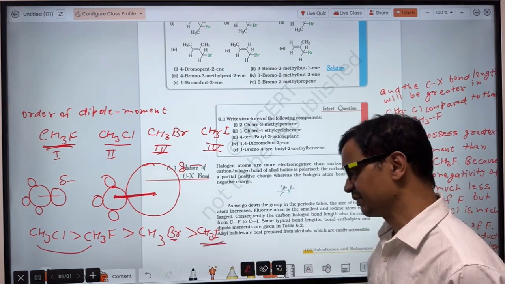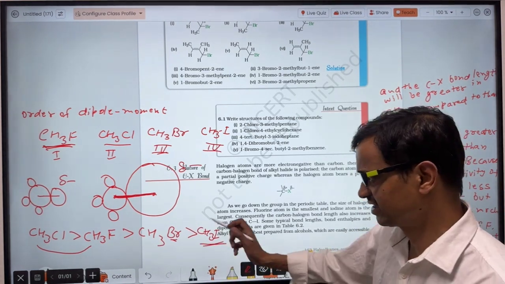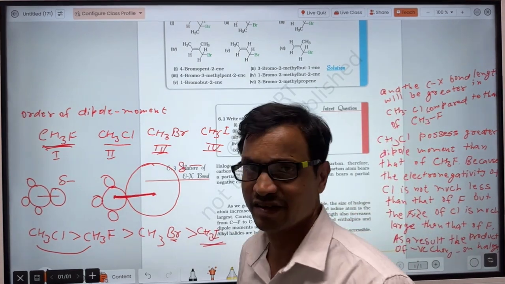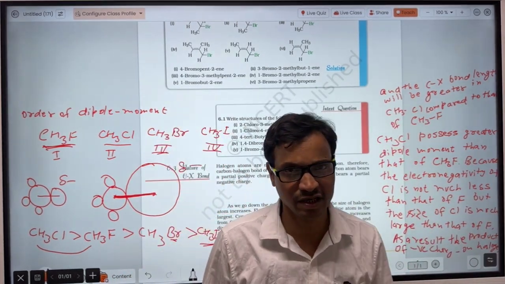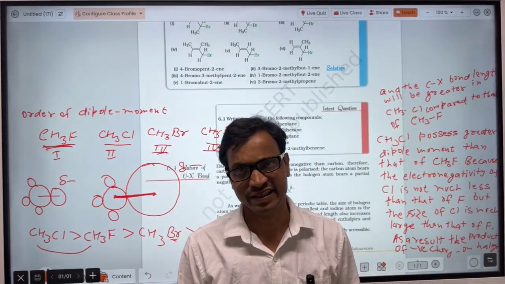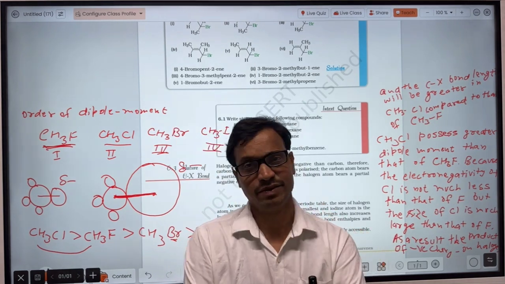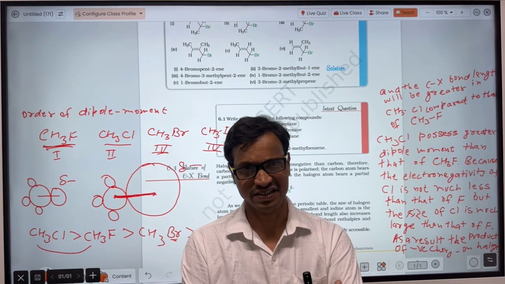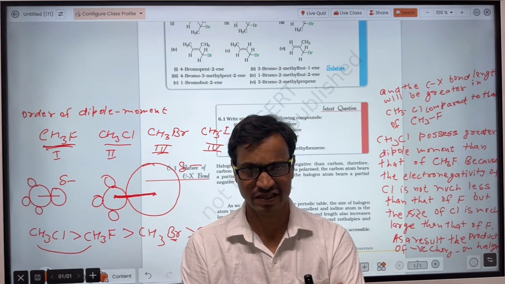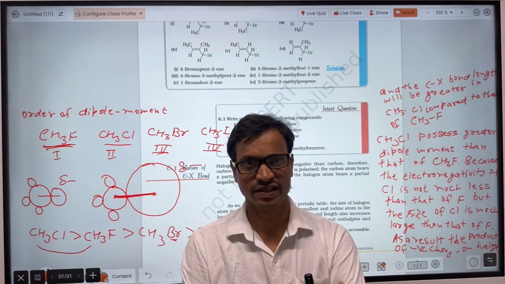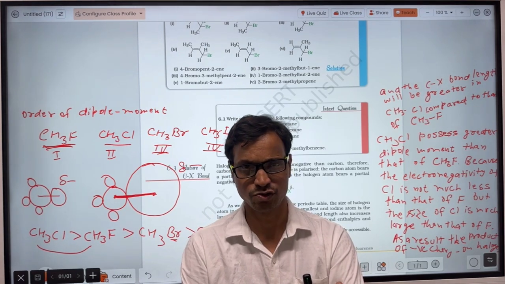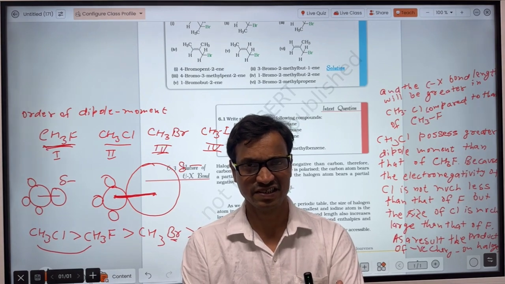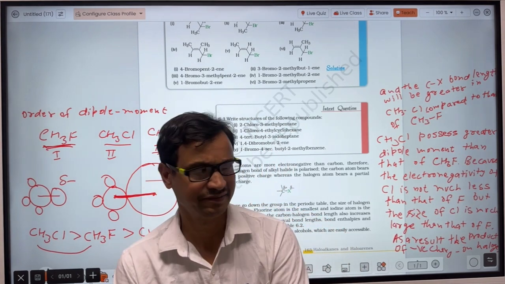Same here, the electronegativity of iodine is very less, that's why its dipole moment will be least. So haloalkanes are polar, and among them CH3Cl possesses the greatest dipole moment and CH3I the least. There is an anomalous order at CH3Cl and CH3F.